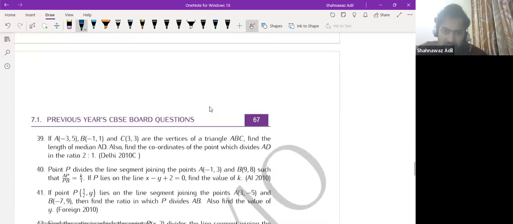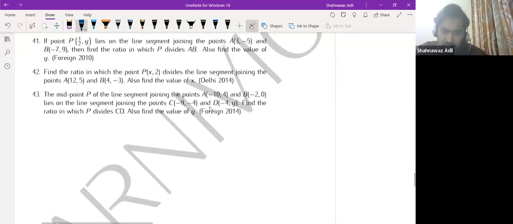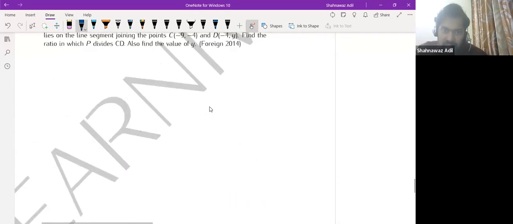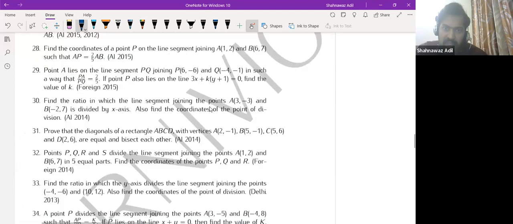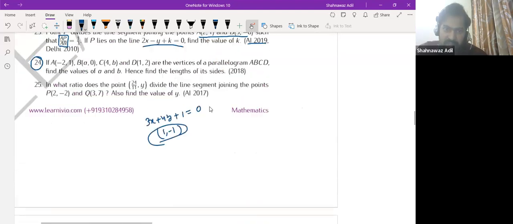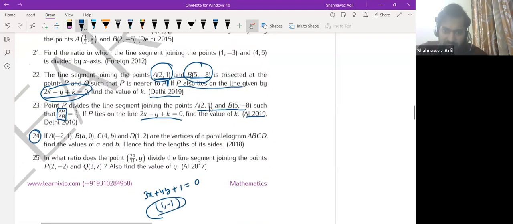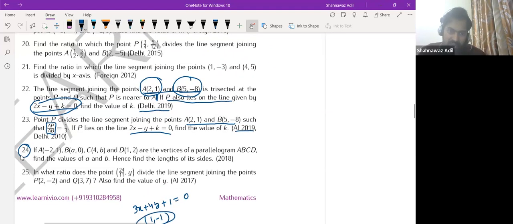Let us quickly do this 24th problem, because we have done this. So you guys quickly solve this one and tell me what answer you get. Solve this 24th one, because in the previous class we talked about this thing.